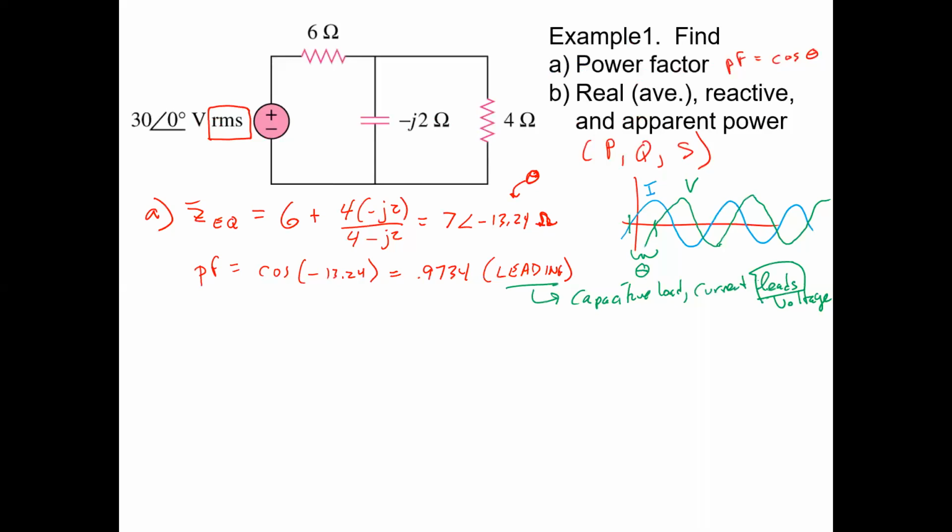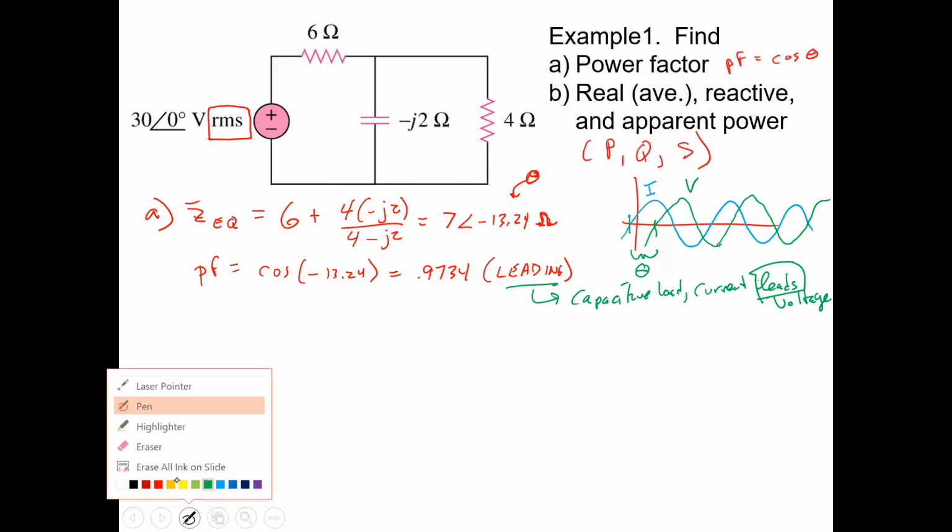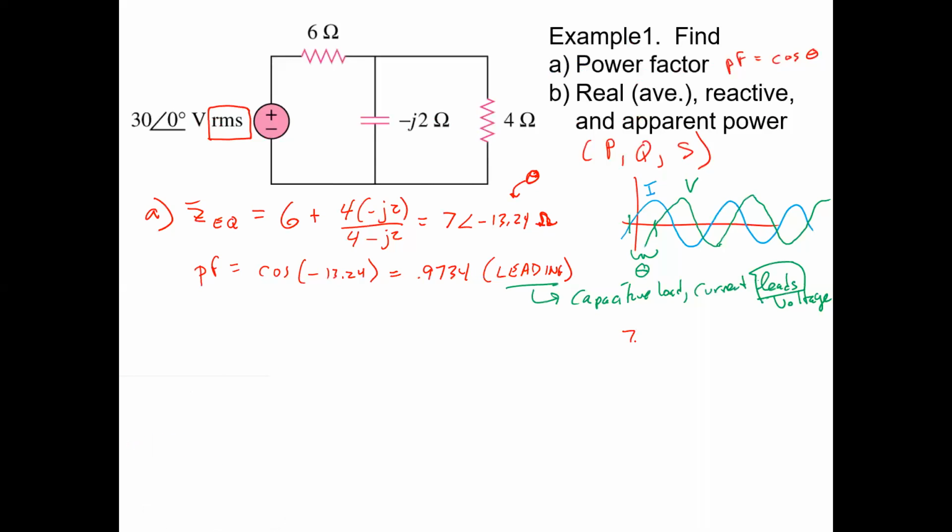And this angle relates to our Z too. So that's the same angle. That angle theta relates to our Z equivalent, which has some magnitude and angle theta. R and jX, and this is the same angle theta.